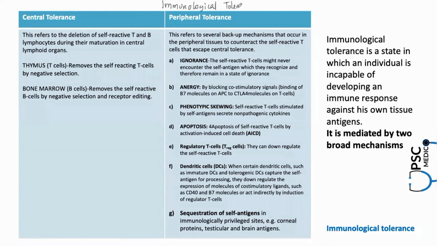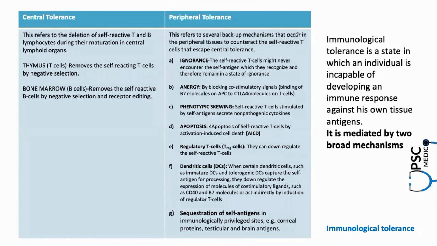If you understand how the body is able to detect our own cells as its own signature, and how our body does not produce any attack against self antigens, and what all the protective phenomena present in our body are, then if there is any disturbance to this natural tolerance, there will be production of autoimmunity. So understanding immunological tolerance and the mechanism of autoimmunity go hand in hand, because if you know one concept, you can apply the same to the other.